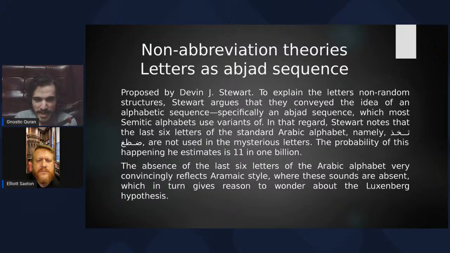And he made an estimation of 11 in 1 billion for the probability of this happening. The absence of these last 6 letters very convincingly reflects the Aramaic or Hebrew style, where these particular sounds, which you can find in Arabic, are simply absent.